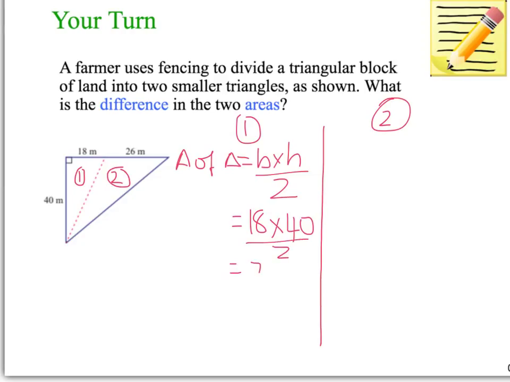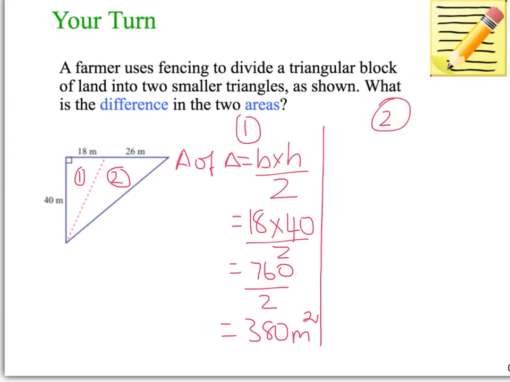Divided by 2, 760 divided by 2, and that's 380 meters squared. Alright, so that's area 1.